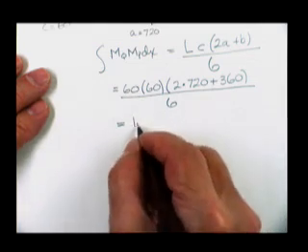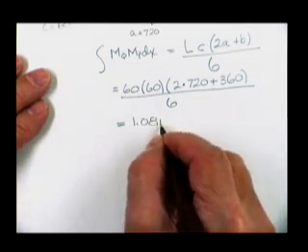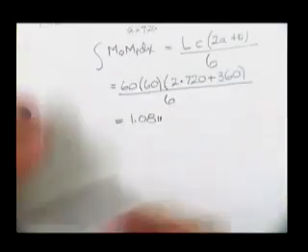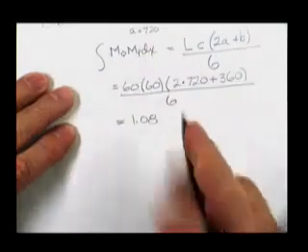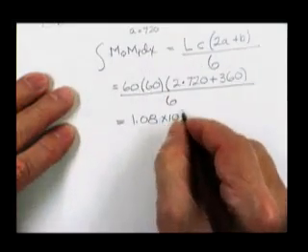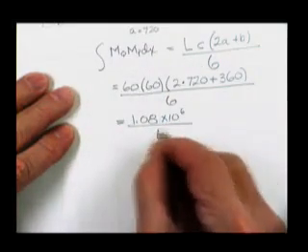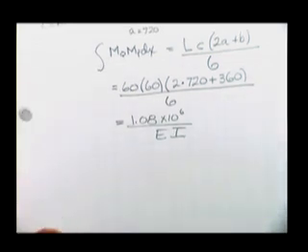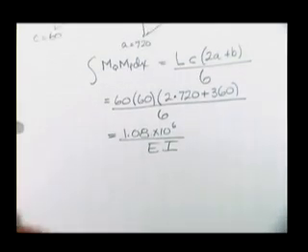I like it when it works. 1.08 times 10 to the 6th divided by EI. Okay? And sometimes these things are just wonderful. I mean, they really can save you a lot of time and a lot of effort.